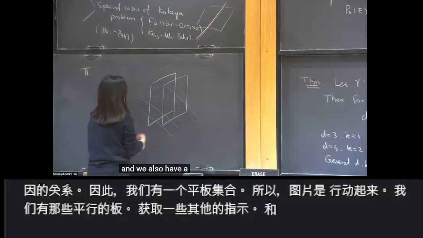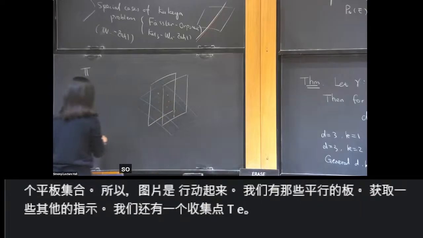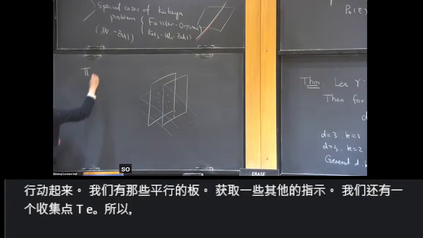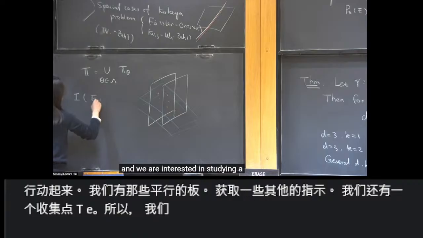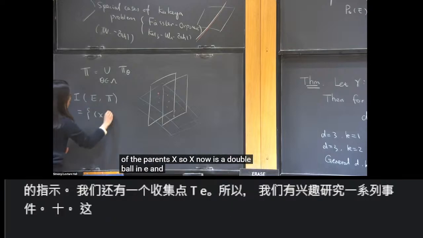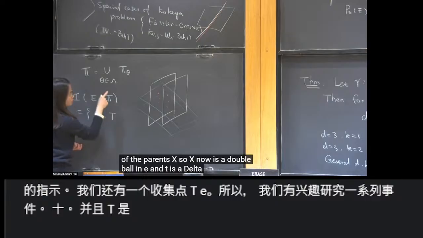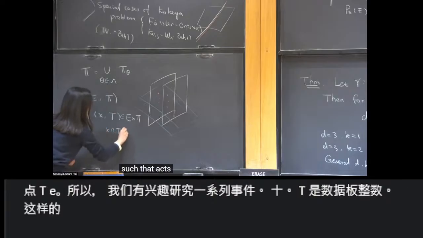And we also have a collection of points E. And we are interested in studying the set of incidences, that's the pairs (x, T), where x is a delta ball in E, and T is a delta slab in the collection T, such that x intersects T.